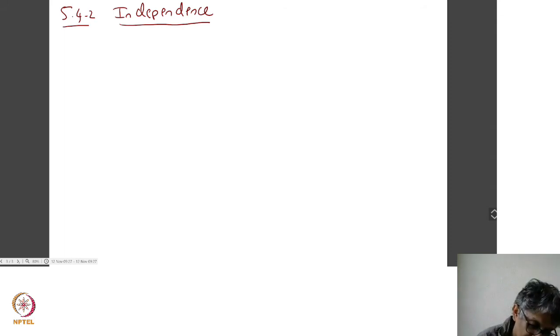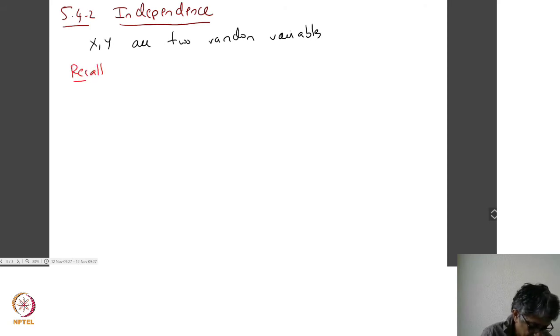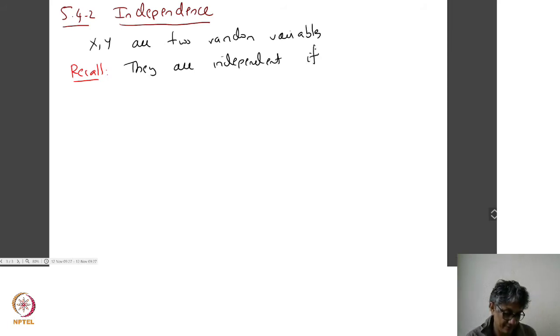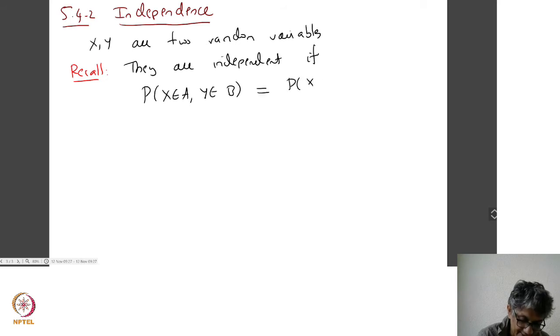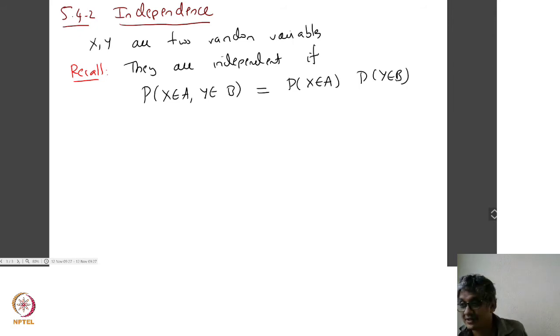If I have two random variables X and Y, we already recall that they are independent if the chance that X is in A and Y is in B is the same as the chance that X is in A times the chance that Y is in B, right? This is the basic definition we had before.